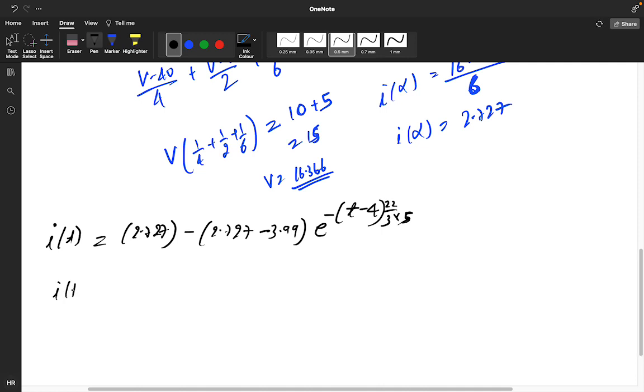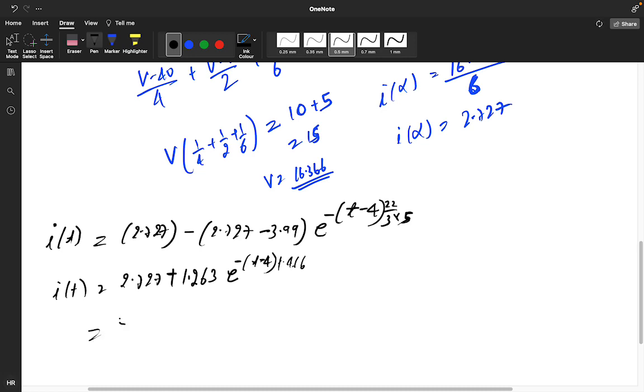So I of t we are getting 2.727 minus 3.99, that will become minus 1.263, e power minus (t minus 4), and 22 by 15. 22 divided by 15 is 1.466.